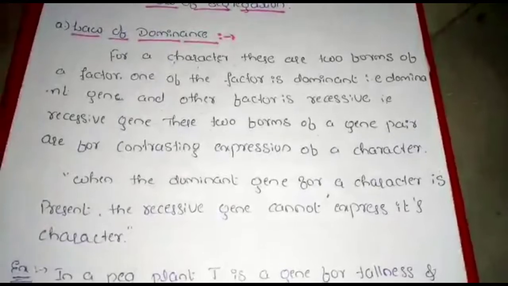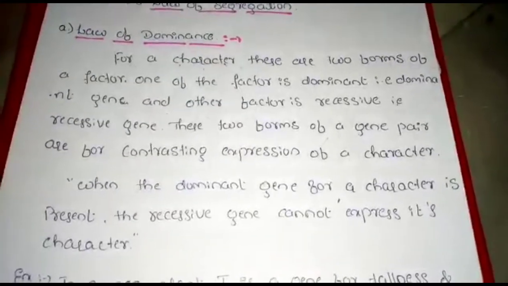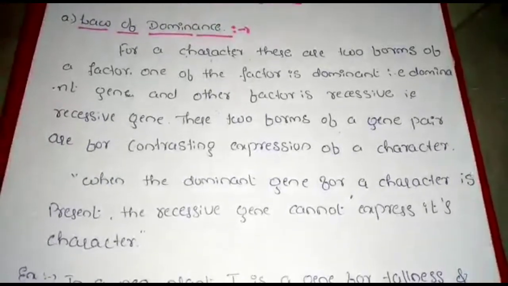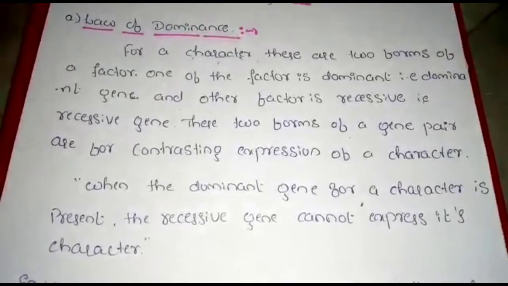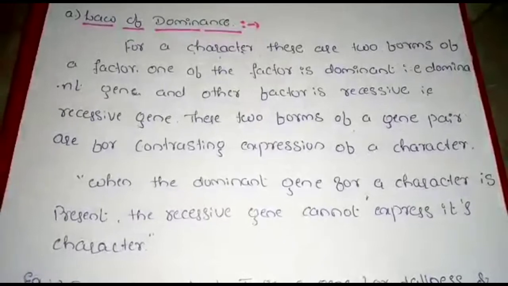When the dominant gene for a character is present, the recessive gene cannot express its character in the dominance condition. If you consider one character, one genotype shows the dominant character and another shows the recessive character.